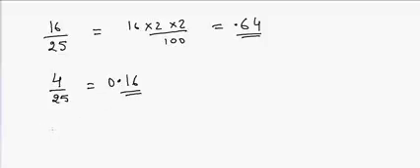Another example: if I have 44 to divide by 25, 44 into 4 is what we have to do. So 44 into 2 is 88, and 88 into 2 will be equal to 176. So the answer will be equal to 1.76.